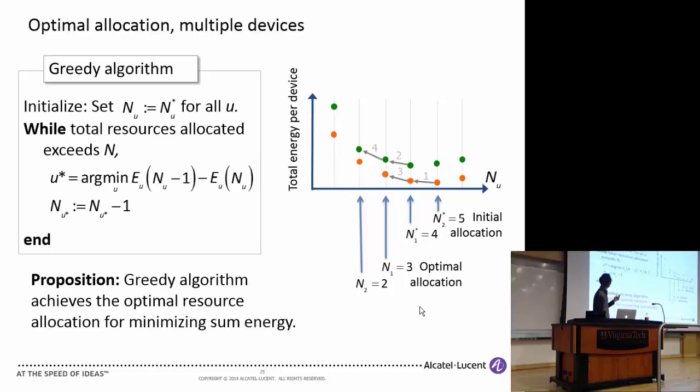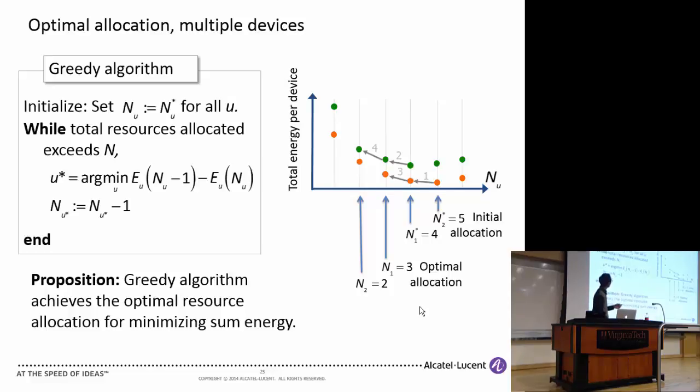It says, initialize for each user, find what this N star is. That's the starting point for each user. The N star can be computed from the previous single user analysis. So you're starting here for user 2, and starting here for user 1, so 5 resources for user 2, 4 resources for user 1.